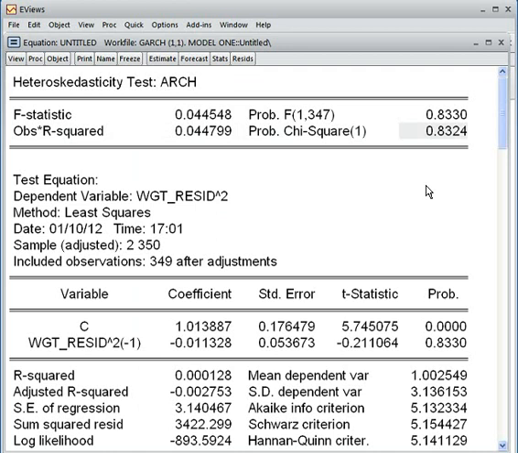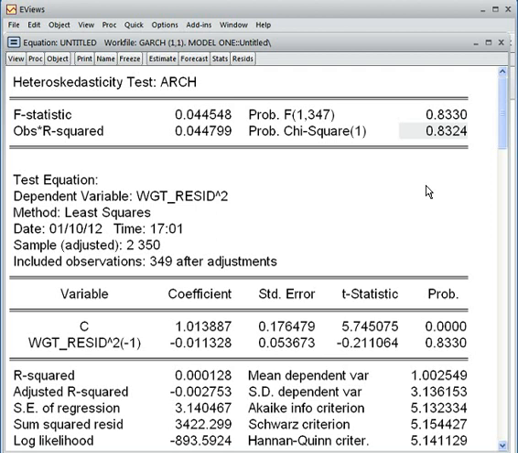So here we cannot reject the null hypothesis, meaning that we accept it: there is no ARCH effect. So this GARCH(1,1) model with normal distribution has no ARCH effect. That is a good sign. That means the residuals do not have any ARCH effect.